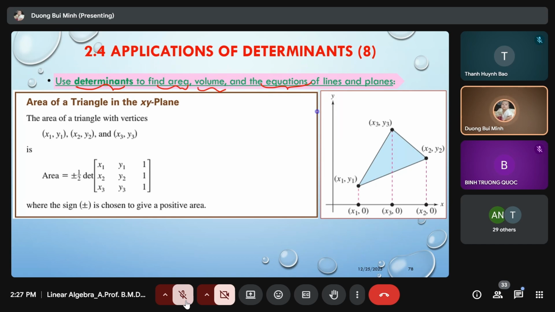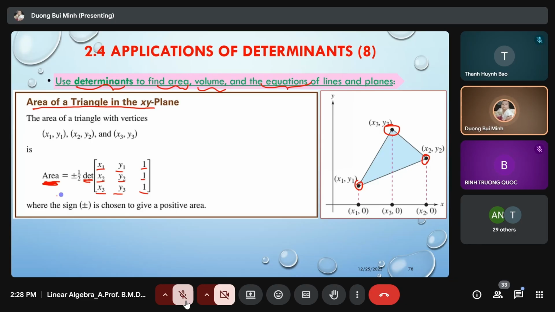So for example, we calculate the area of a triangle in the xy plane. We have 3 points: point 1, point 2, point 3. So we have the formula: the area is plus or minus 1 over 2 times the determinant of the matrix with rows x1, y1, 1; x2, y2, 1; and x3, y3, 1.